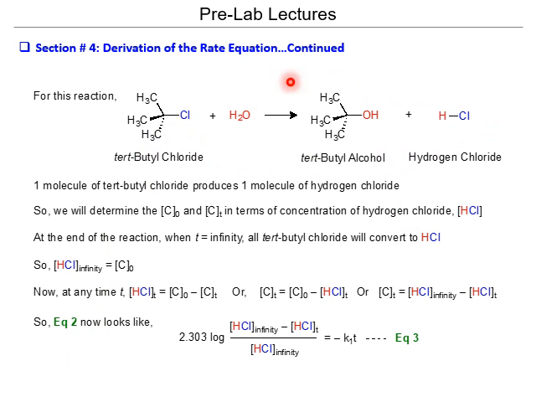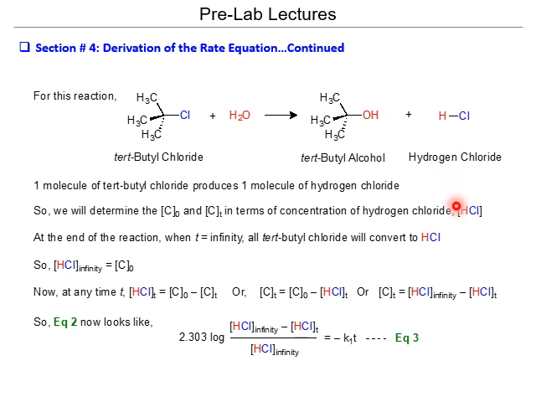But based on the reaction which we are going to consider today, one molecule of tertiary butyl chloride produces one molecule of hydrogen chloride. So we can consider the rate of the reaction based on the concentration of hydrogen chloride, because during the reaction we can measure the concentration of hydrogen chloride by using titration.